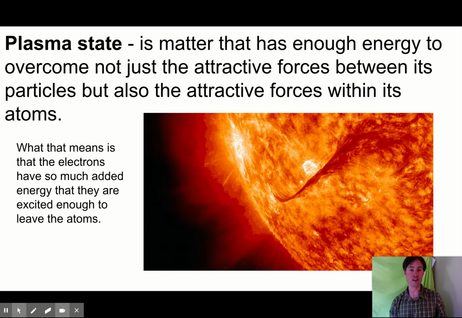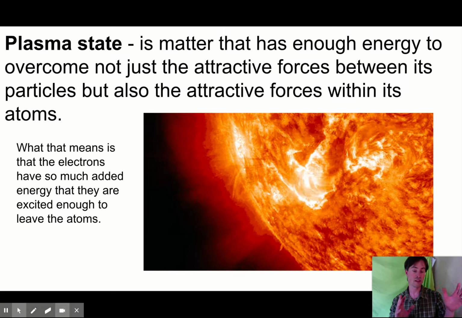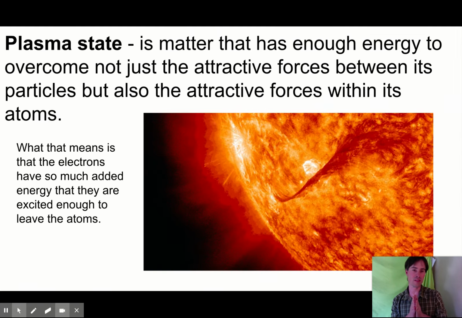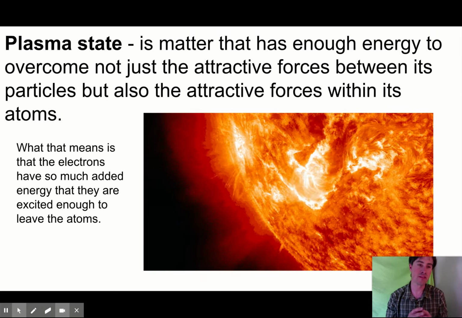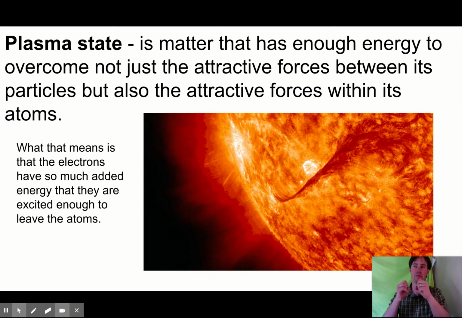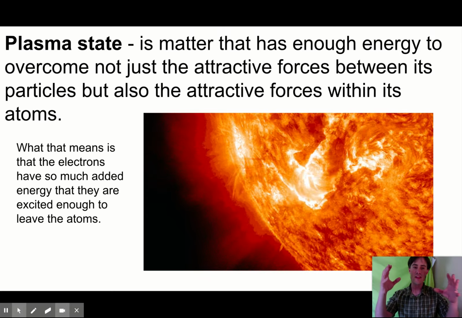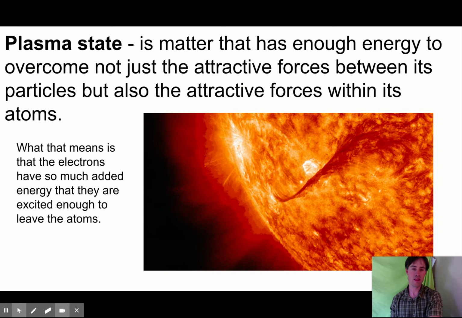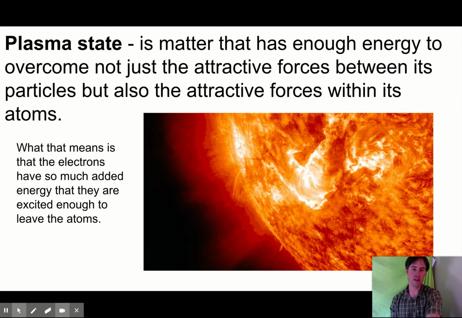We often think about solids, liquids, and gases as being the main ones, but plasma is what all the stars are, what the sun is, and more than 99% of our universe is stars. With plasma, the particles are moving so much that the atoms themselves can't stay together, and the electrons move off and move around free of the atoms and the nuclei, which makes for a very, very intense state of matter.